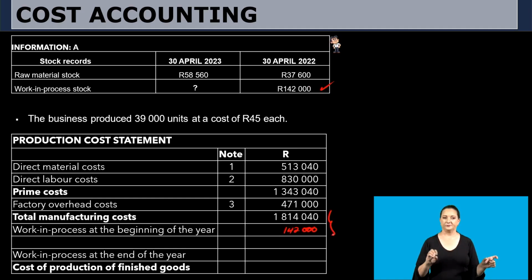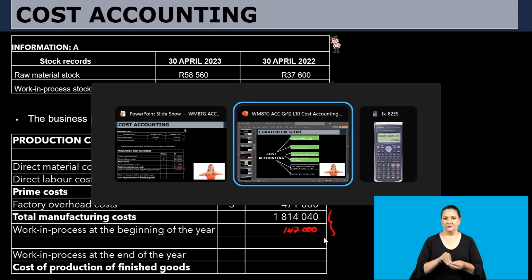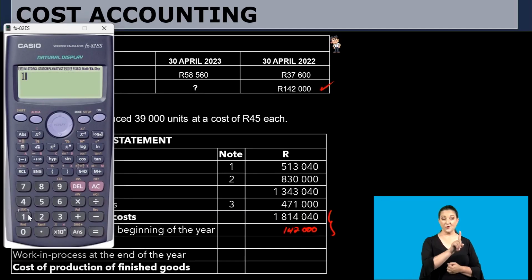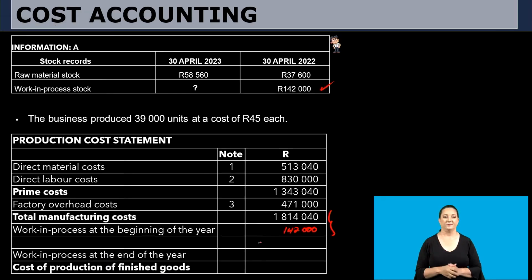That means I'm going to add these two amounts. 1,814,040 plus 142,000 would then give me 1,956,040. So I'll put 1,956,040 here. Then I need to subtract work in process at the end, but I don't have it.